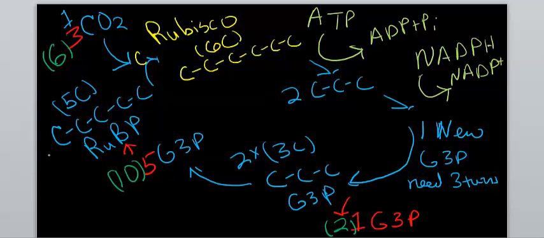So you had to use 3 of these. That would give you 6 of the ribulose bisphosphates. But there it shows 3 turns, 1 G3P. 3 turns, 1 G3P. 6 turns, 1 new glucose.